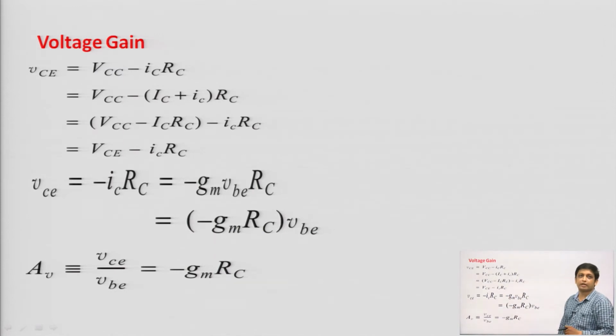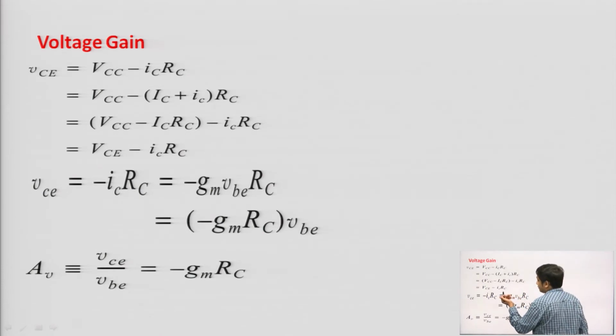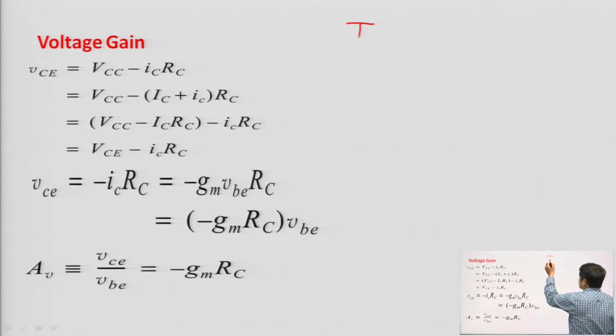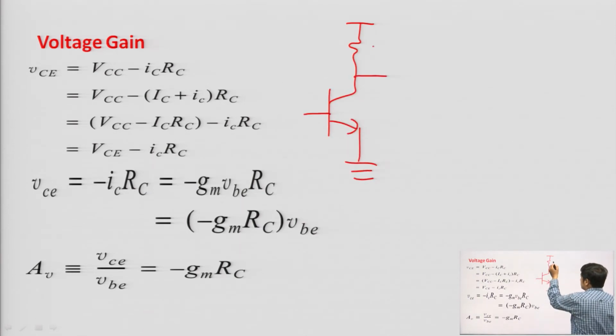Similarly, we can calculate the value of the voltage gain here. The voltage gain equation is very clear. If you draw the circuit, simple, this is RC, this is VCC.